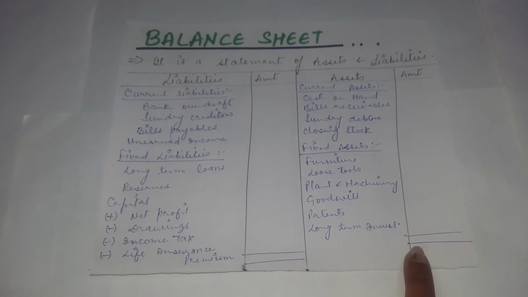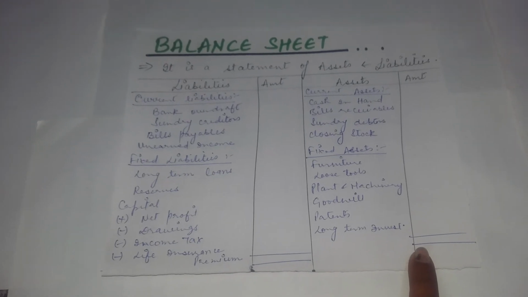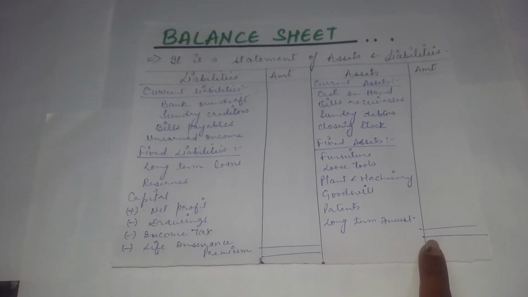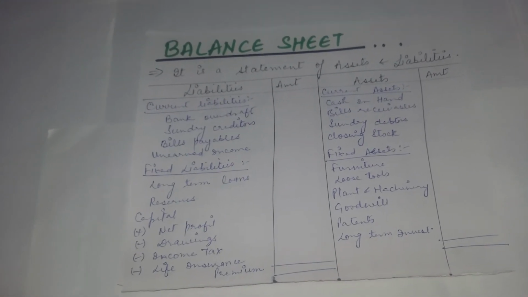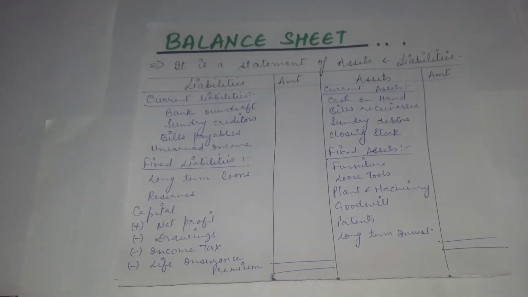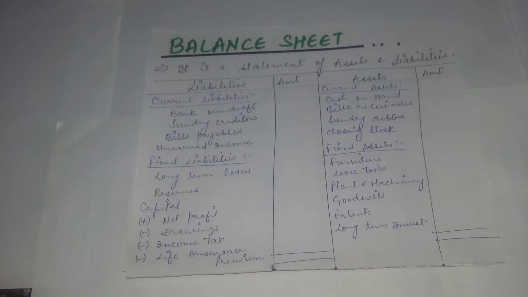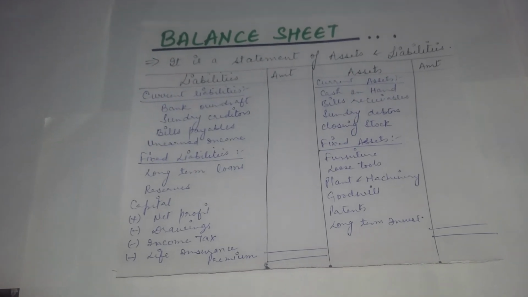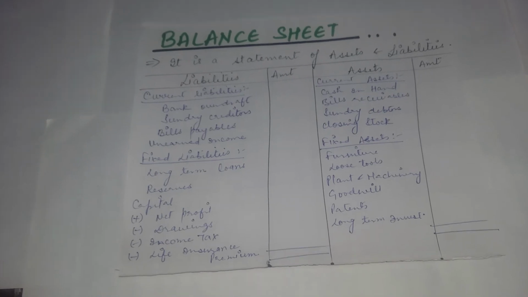What are liabilities? Those things which you have to pay, right? So current liabilities are those liabilities that can be paid within a short period, right?